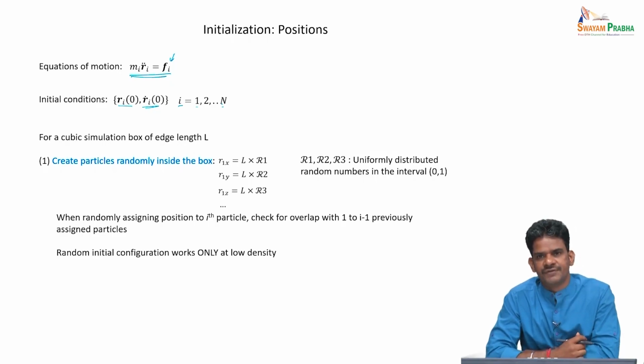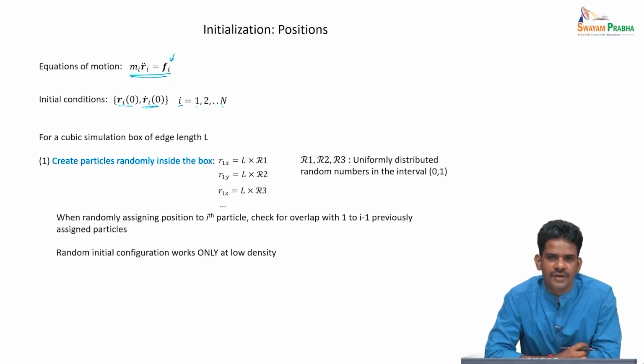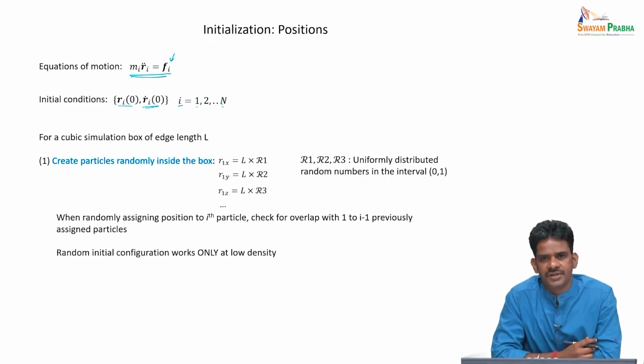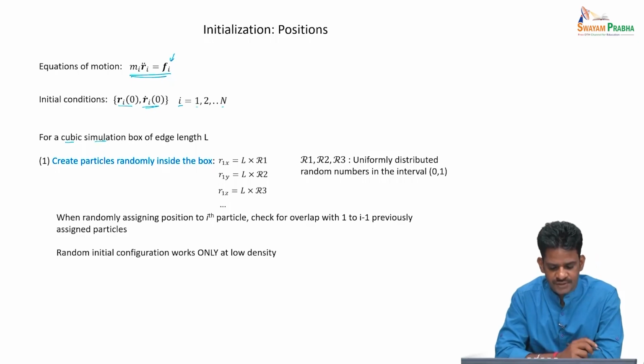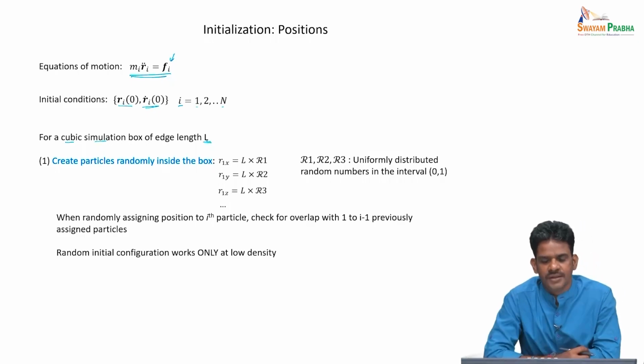These are the initial conditions that we need to specify before we can run the MD simulations. In this lecture, we will see in detail how to assign positions and velocities for all these particles in the simulation. We will illustrate these methods for a cubic simulation box in 3 dimensions, which has an edge length of L. If you want to look at other shaped simulation boxes, the algorithm has to be modified accordingly. The simplest way of assigning particle positions is randomly assigning particles inside the simulation box.